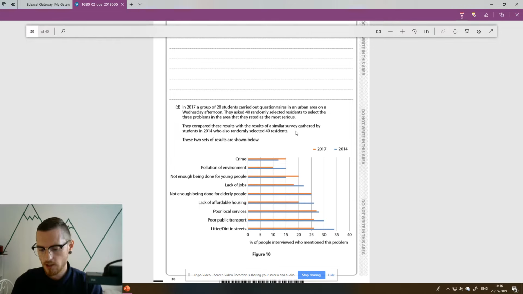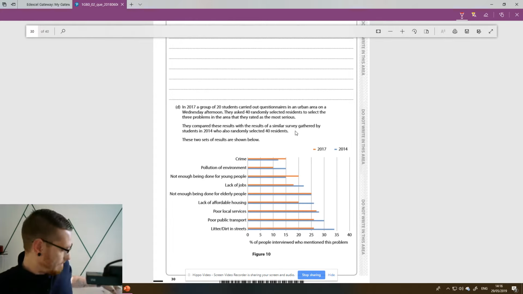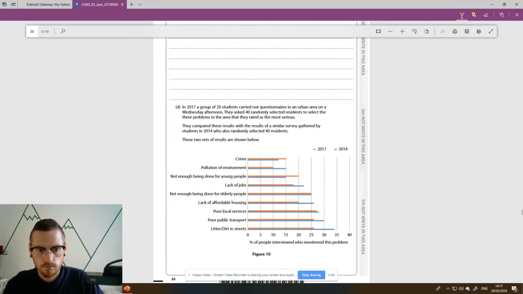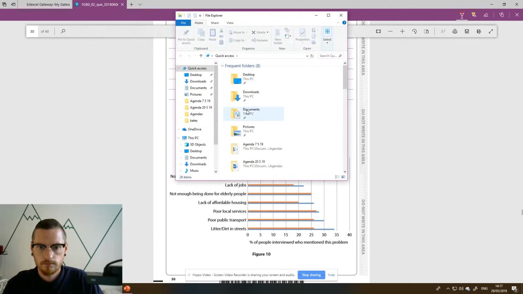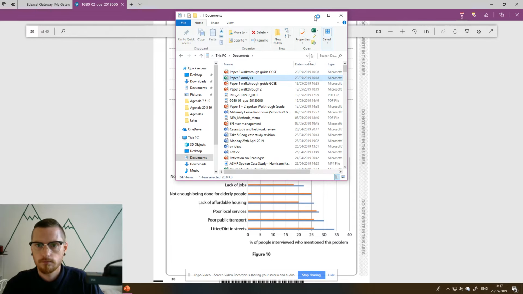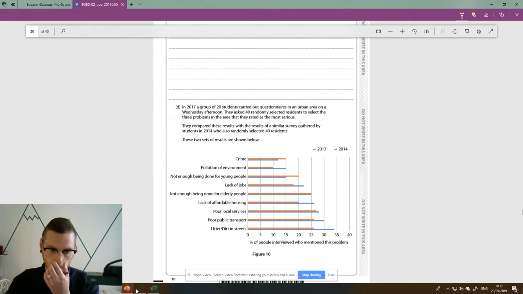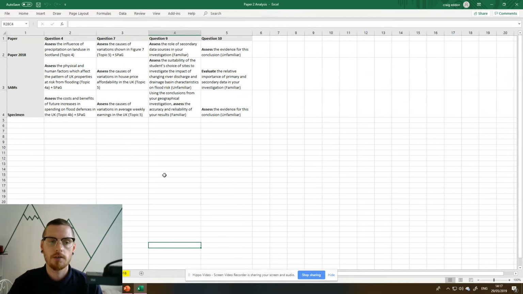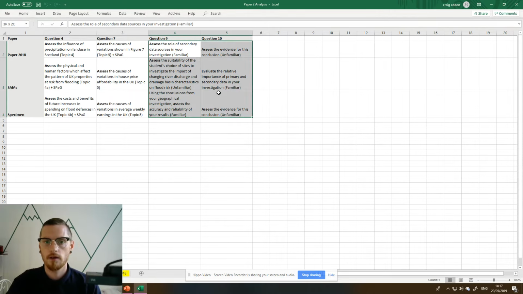What we need to do on the unfamiliar, and actually before we get into that, if we have a look at the 8 markers that have been produced so far, so these are all the 8 markers that have been produced for this paper, and we're going to look at question 9 and 10.